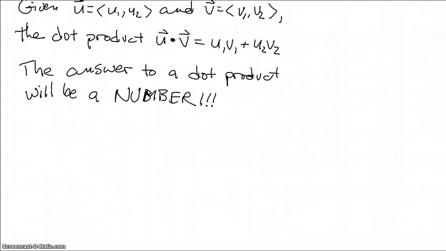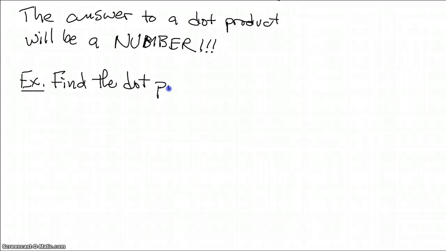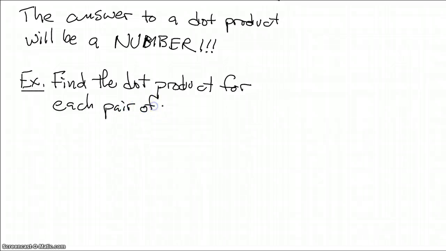Alright, let's take a look at a couple of examples of dot product. So our directions here, example: find the dot product for each pair of vectors.